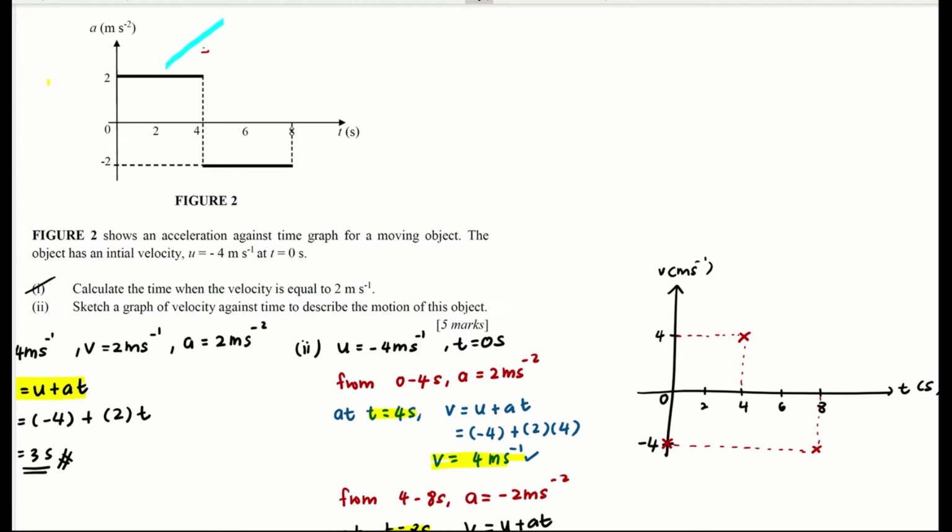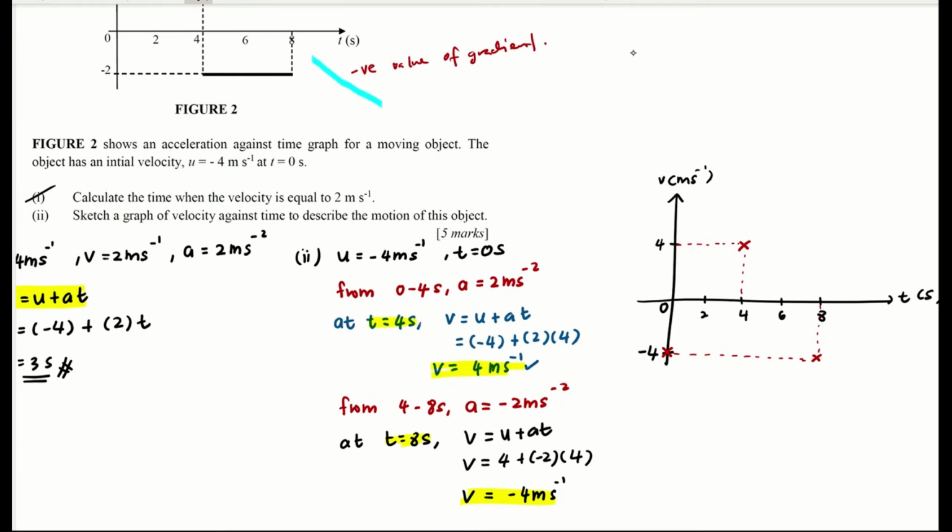So this is the positive value of gradient. So for a VT graph, the gradient must look like this. But if our acceleration is negative, the pattern of the graph looks like this, showing that the gradient of the graph is negative. So negative value of the gradient.